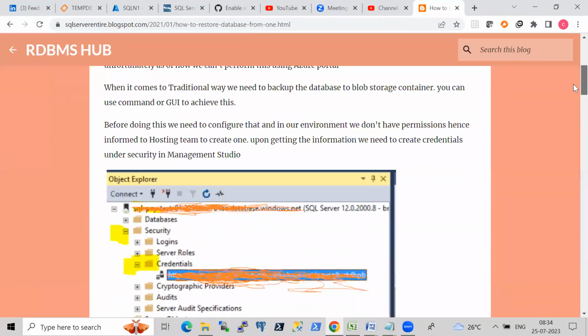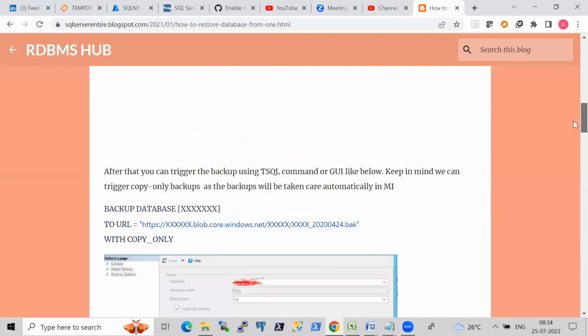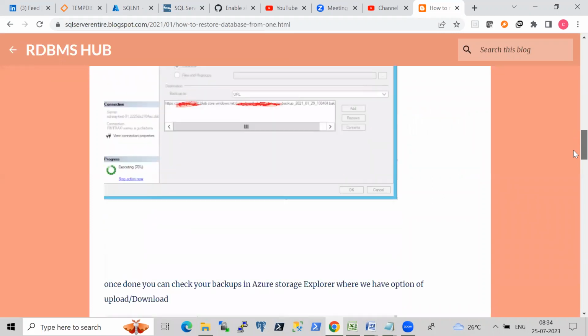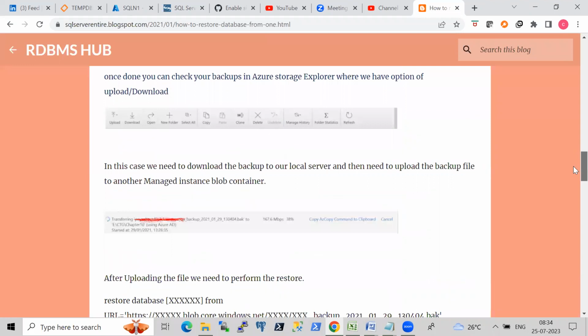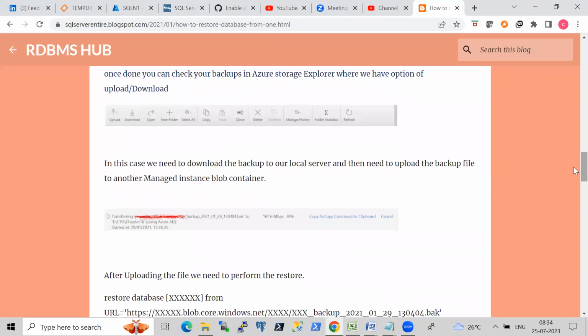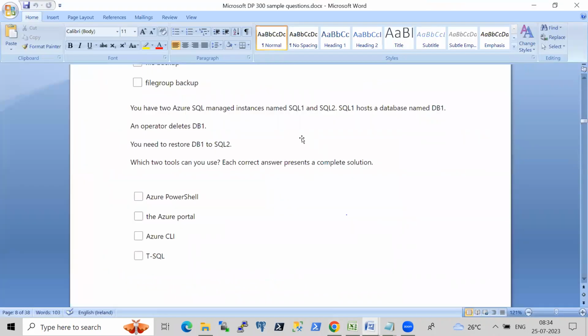We have two options, one through the Azure portal. But in real time, you will not get permissions for doing this action. I have performed this action, and my infrastructure team is not allowing me to do this via portal. We don't have permissions. In such a case, what are the other options?